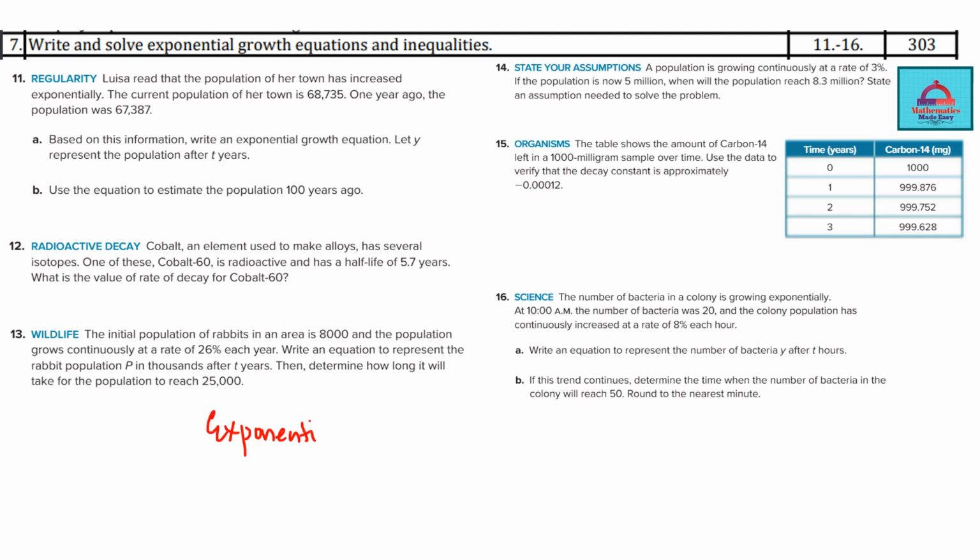Exponential growth first. So if you see this word in your exam in the form of a word problem, you know the formula that you will be using is y equal to a multiplied by e to the power kt.